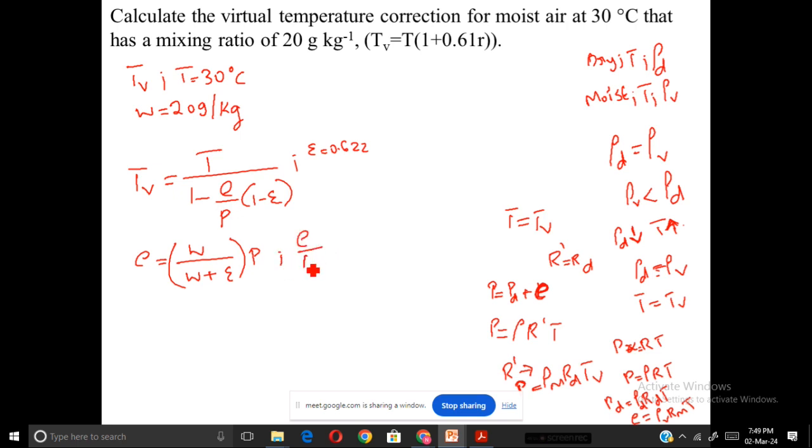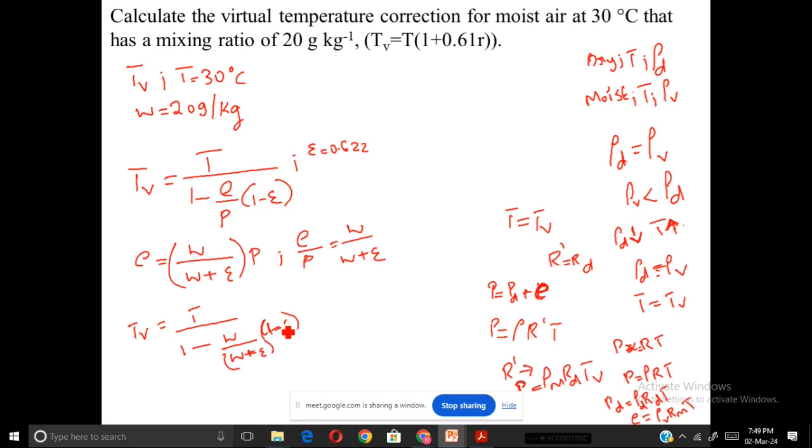So E by P can be written as W by W plus epsilon. If we substitute this in this equation, it will become TV is equal to T by 1 minus W by W plus epsilon into 1 minus epsilon.